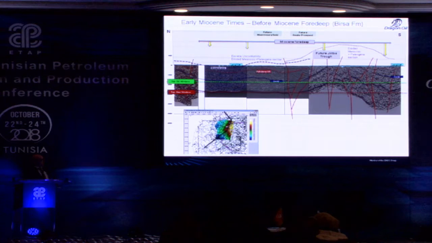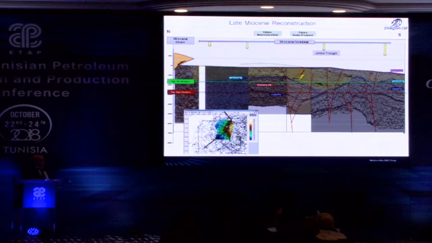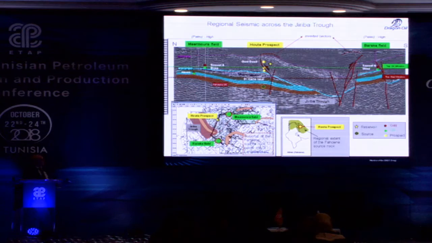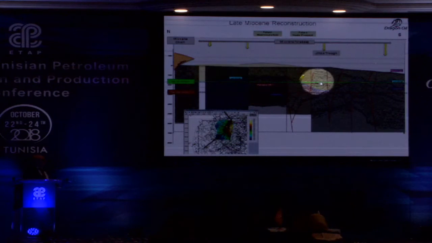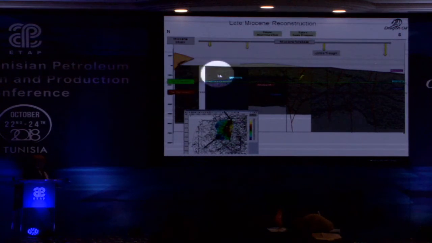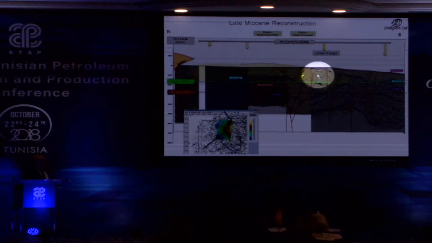Now, the next one is somewhere in the Messinian. How does it look like? We already deposited, oh, let's go back. We already deposited the Miocene foreland sediments with all these thickness variations.